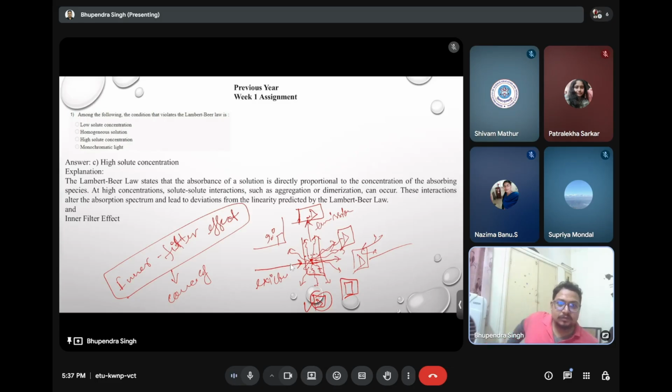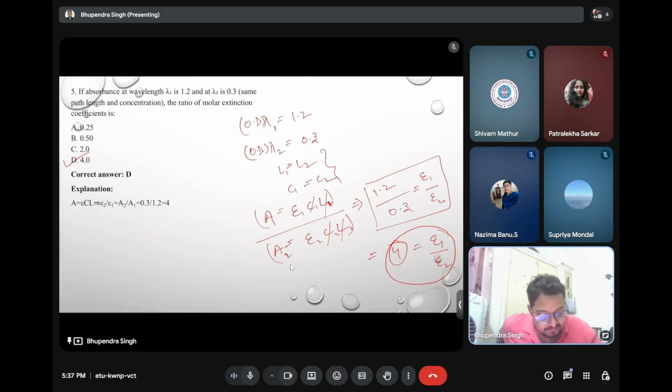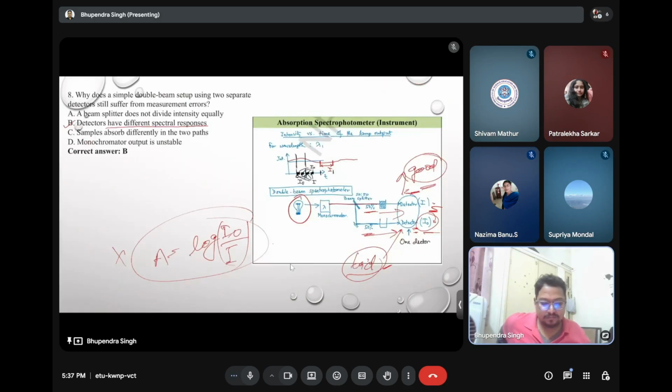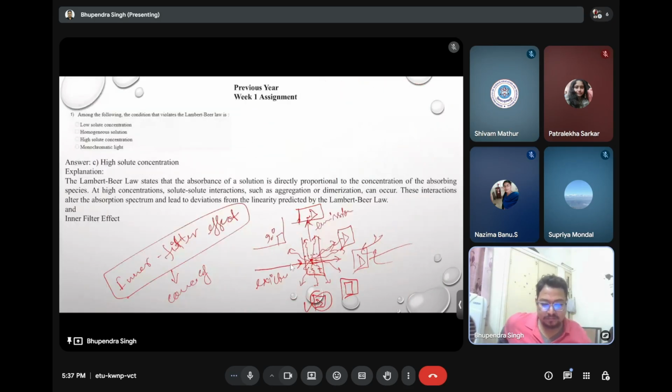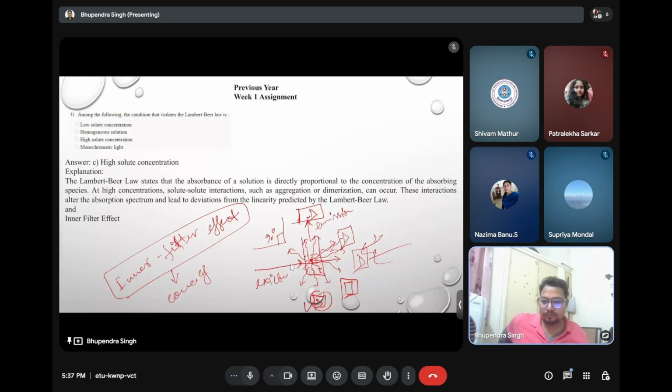So here we are observing only the emission, this part, the green light. Any wild guesses?